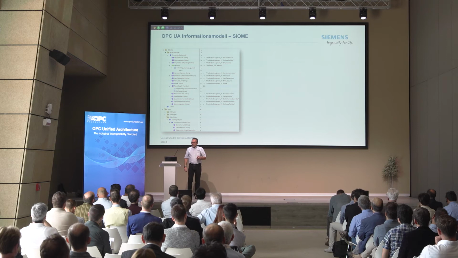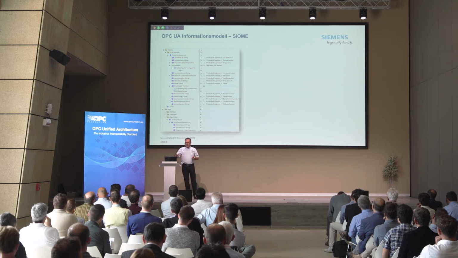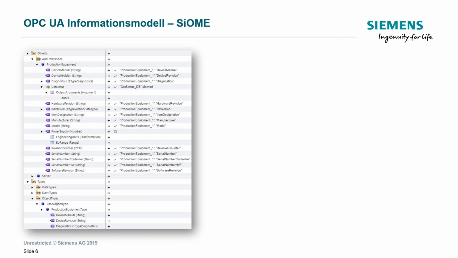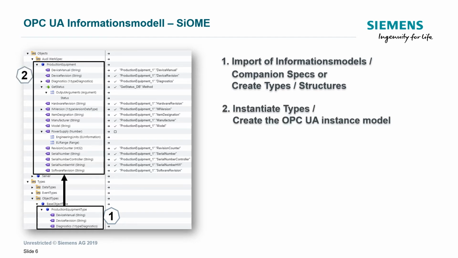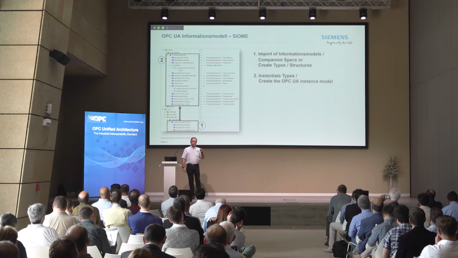In our Siemens case, there is an information model here called Siome. What Siome is, I will tell you in a few seconds. What you do first is import an information model, a companion spec, or make your own types and structures. The second thing is you create an instance of it. This is mostly what you need to do with companion specs, as they come just with the type system.